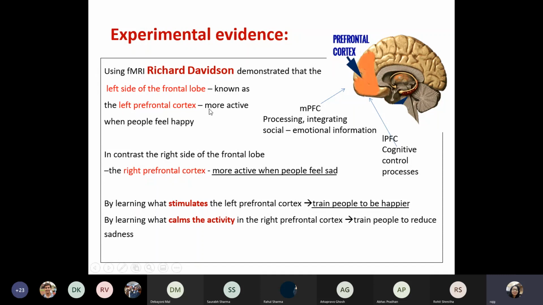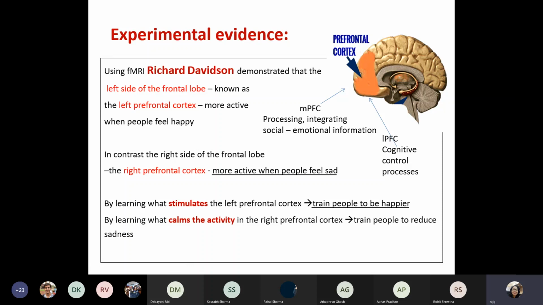He says he's found that the left side of the prefrontal cortex is more active when people are happy, and the right side of the frontal lobe is more active when people are sad. So now we know specific areas.